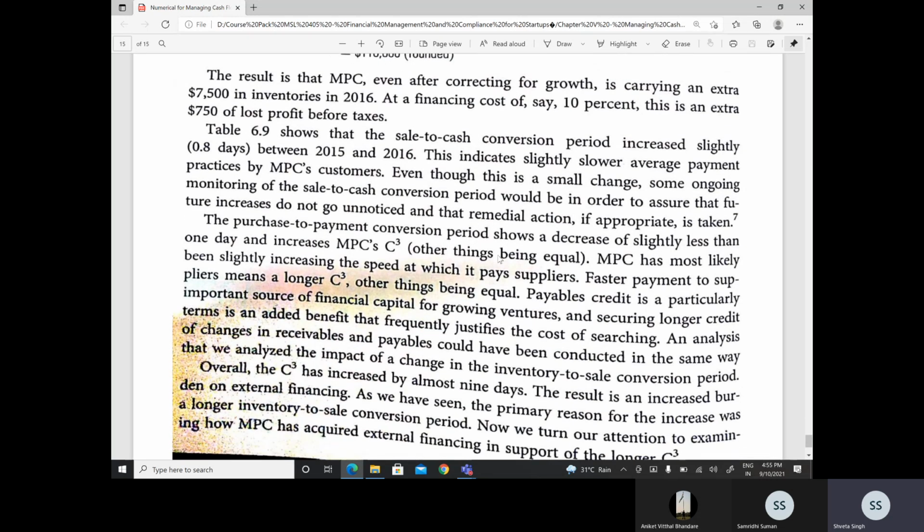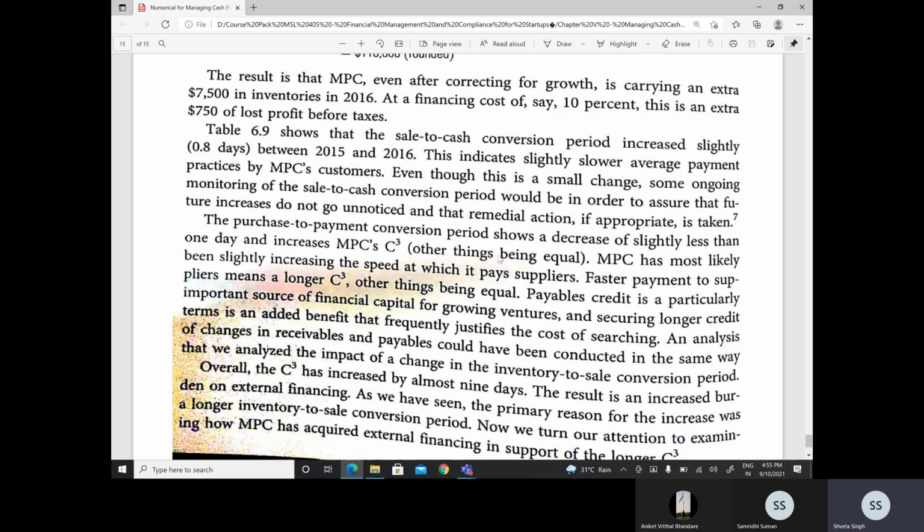The result is that MPC, even after correcting for growth, is carrying an extra 7,500 in inventories in 2016. At a financing cost of say 10%, this is an extra $750 of lost profit before taxes. Table 6.9 shows that the sale to cash conversion period increased slightly by 0.8 days between 2015 and 16.